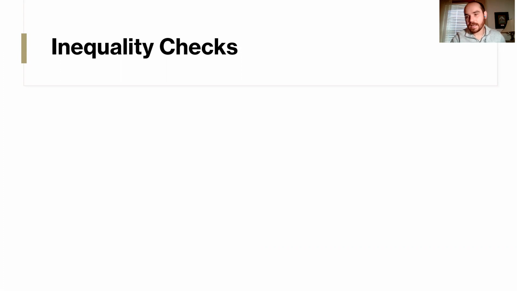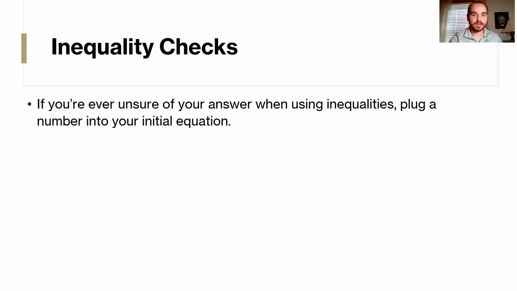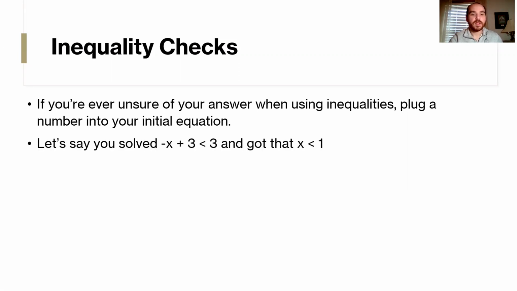But just in case, you can always check your answer with inequalities, because sometimes it does get complicated as to whether or not you should have flipped the symbol. So let's say you had this equation. You solved negative x plus 3 is less than 3, and you got that x is less than 1. You can pick any number that is less than 1. So let's try 0. 0 is less than 1.